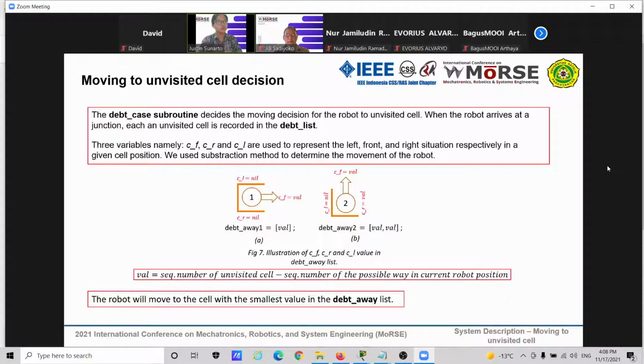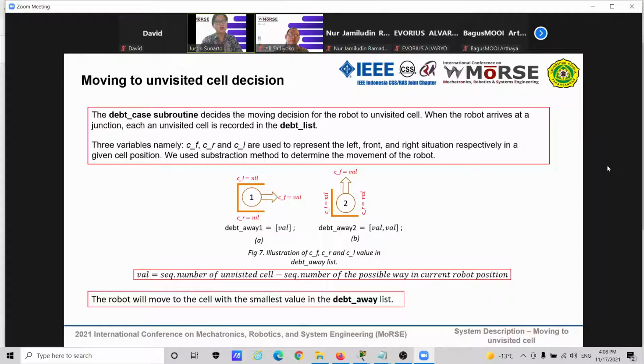We use three variables, namely CF, CR, and CL, to represent the front, right, and left situation respectively. In figure 7, we give you an example of how CF, CR, and CL are used.